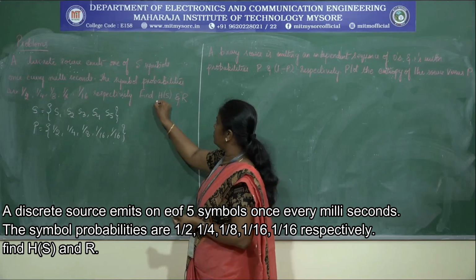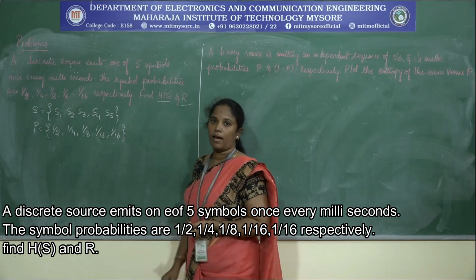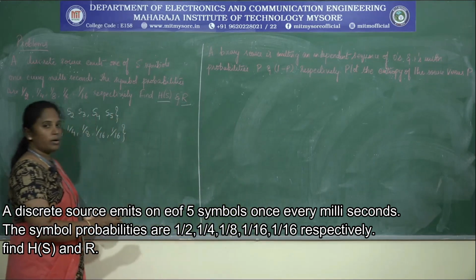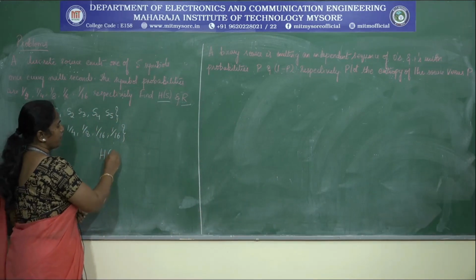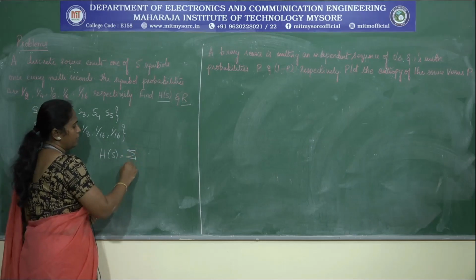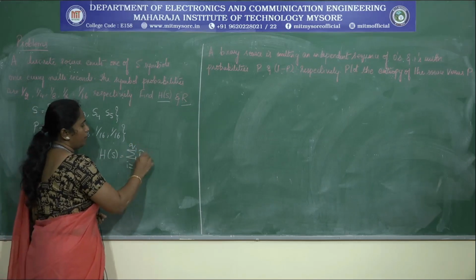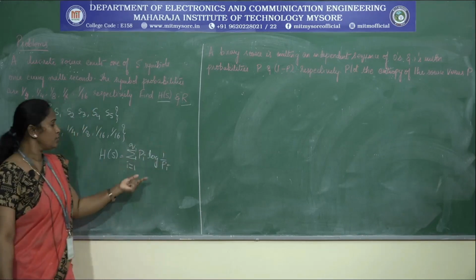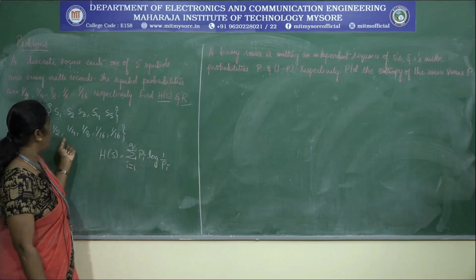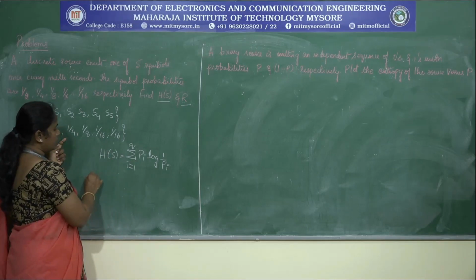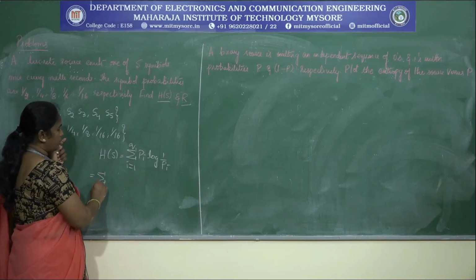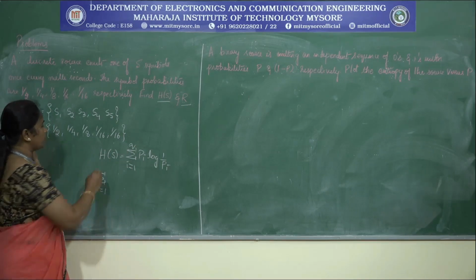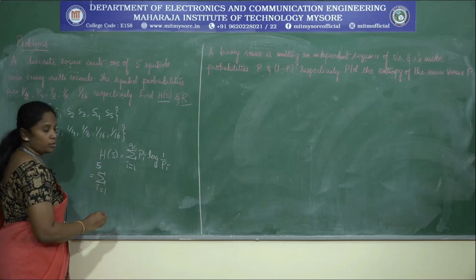Now we need to find the entropy as well as the average information rate. So we know that H of S is given by summation of i is equal to 1 to Q Pi log of 1 by Pi. In this equation, if you substitute all the probabilities which are given, Q represents the number of source symbols. How many source symbols do we have? We have 5 source symbols.